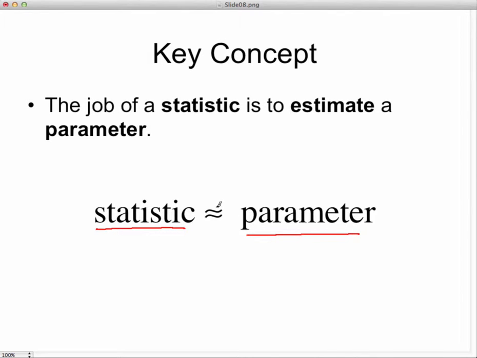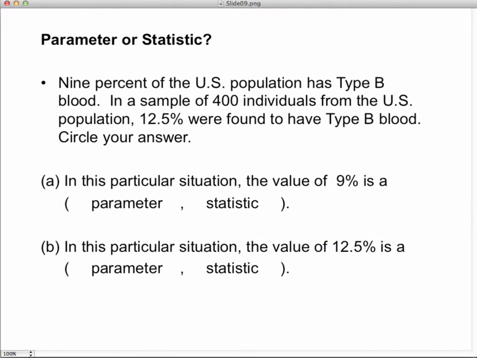So a statistic's job in life is basically to be a parameter estimator, or to make an estimate of what the parameter is. So a statistic is an estimate. That's a good way of defining it. It's an estimate of a population parameter. You could have called this course, instead of statistics, parameter estimation, and that would have been more descriptive, but possibly not that useful.